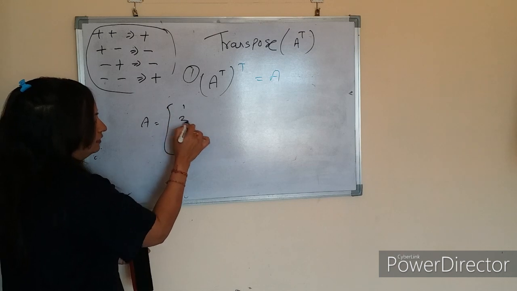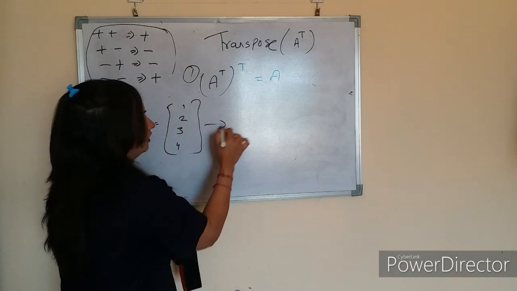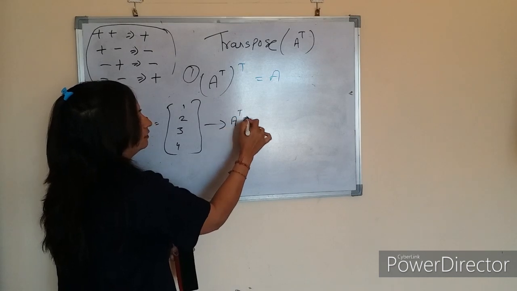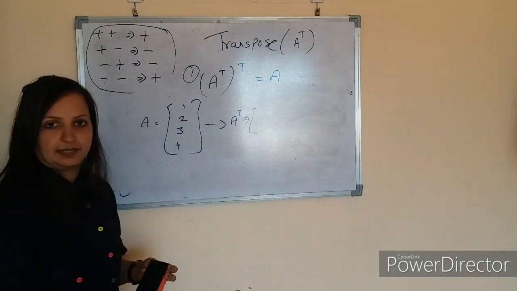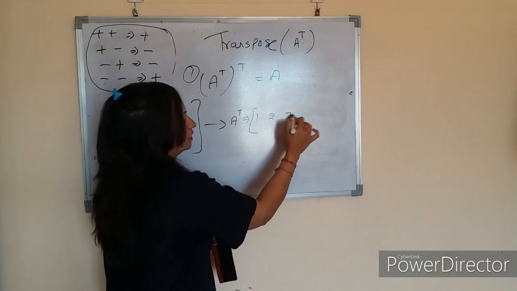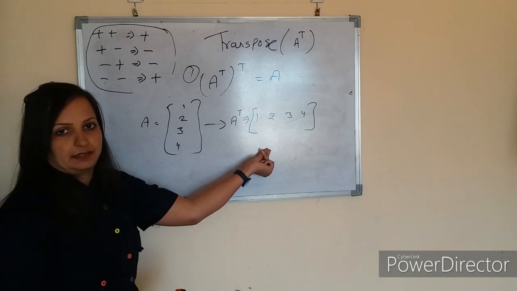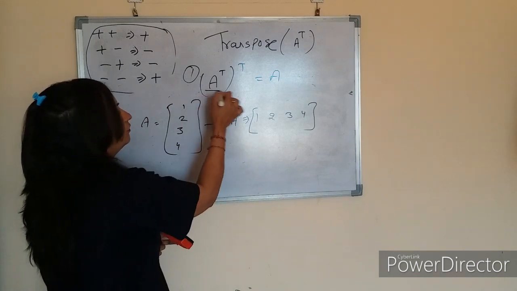What does it mean? I have already discussed that I am having A. I'm taking an example here. In the first step, I'm just transposing the matrix. I'm getting A transpose. I have already told you how to perform the operation, so I think you all know this.